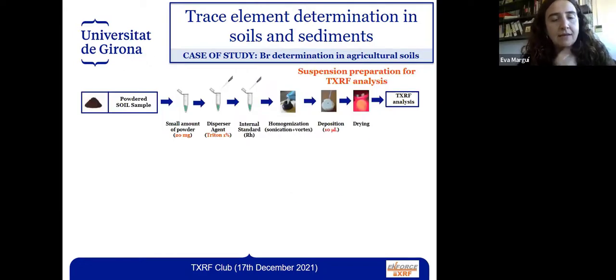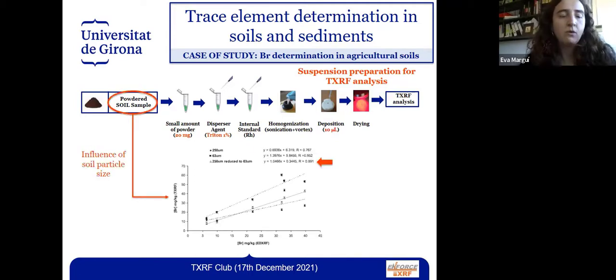Here you can see the procedure that we follow, but first of all, we evaluate the influence of the soil particle size to prepare the suspension. And we realized that we only obtain good results in comparison with energy dispersive if the soil sample was in a proper particle size, that in this case was 633 micrometers.